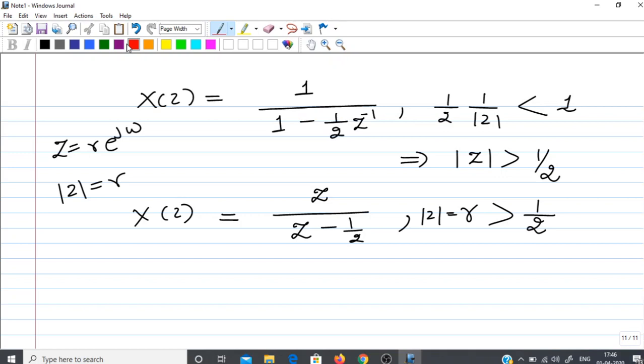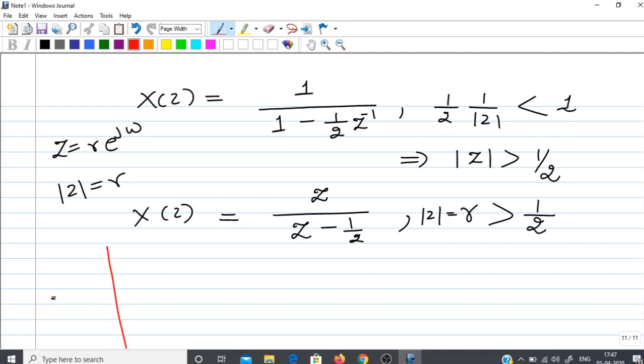And we have already seen that R equals 1 is a contour. Which contour? It is a circle in the Z plane with unit radius, and its center is at the origin. So what will be this contour, this region? R is strictly greater than half.